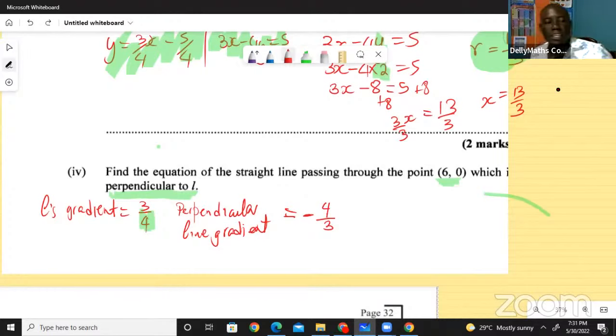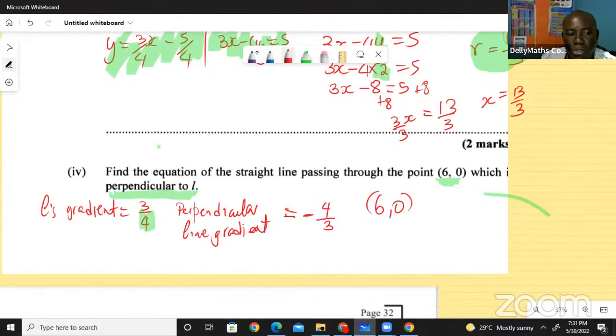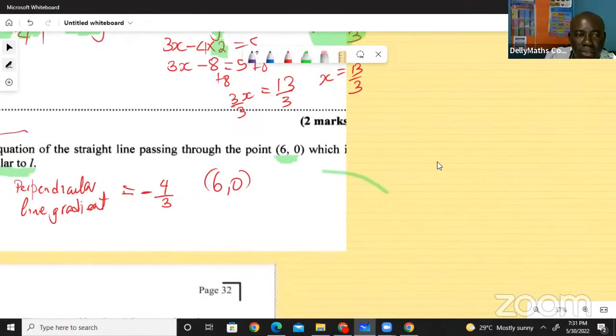All right. So that is the gradient, and this is the point that it passed through. So what we want to do is to write the equation. Remember, you can write the equation of a line if you have the gradient and the point. So you could find your C value, if you want. There are many ways to do it.